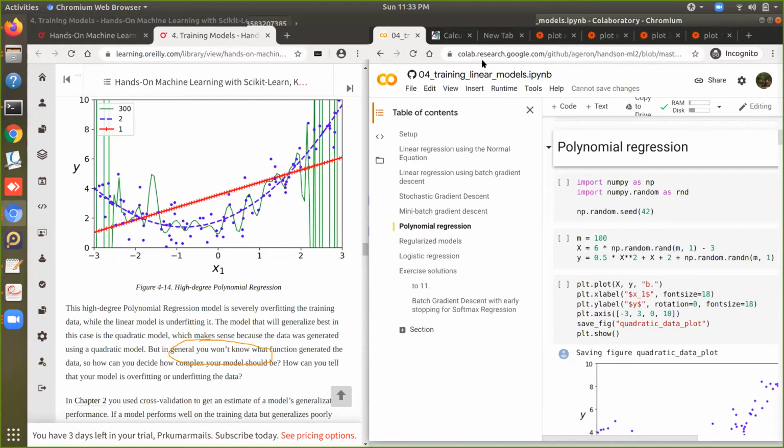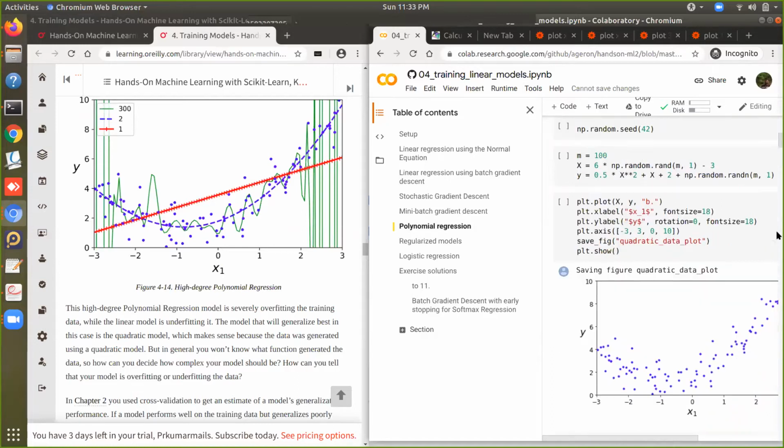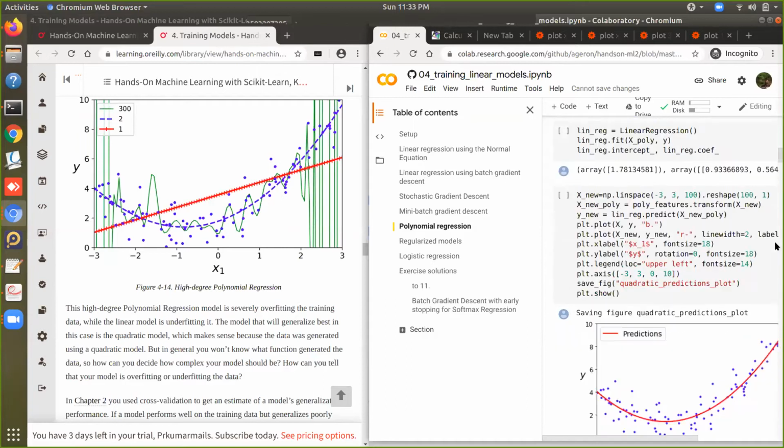So the 300 will have more power to fit this for sure. But again, it will not generalize to the new data points, because what it's trying to do, it went from finding a function to just focusing on fitting the data.